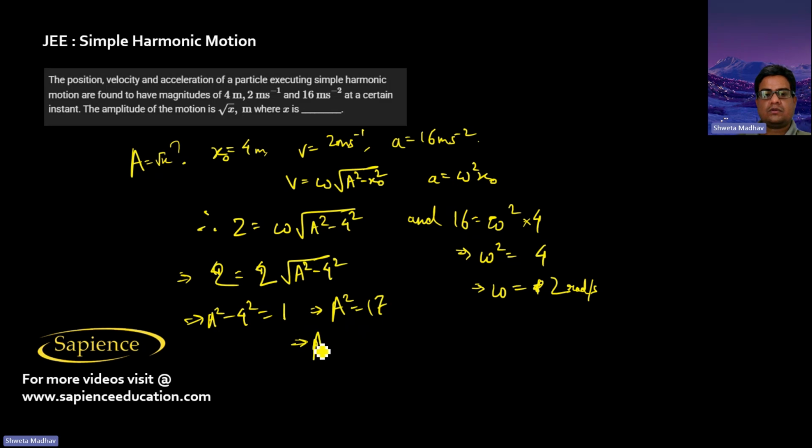The amplitude would be equal to root over 17. So amplitude is stated as root x, so x will be equal to 17. 17 is the answer.